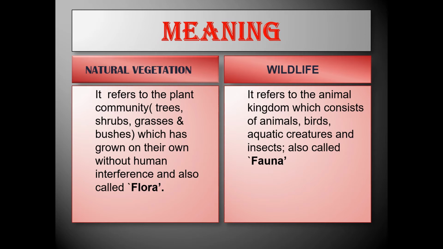Within the natural habitat, plants and animals live together and interact with each other to meet their requirements. And this interdependency makes a useful system for the survival of living things. Let us know what this is and what we are talking about. Let's move to the next slide.